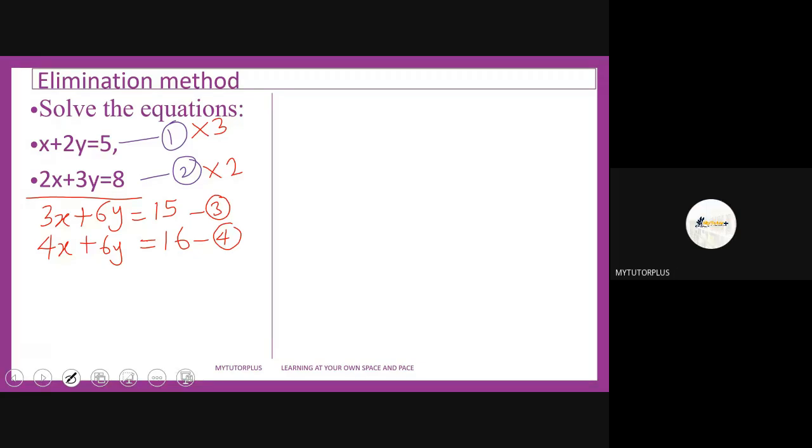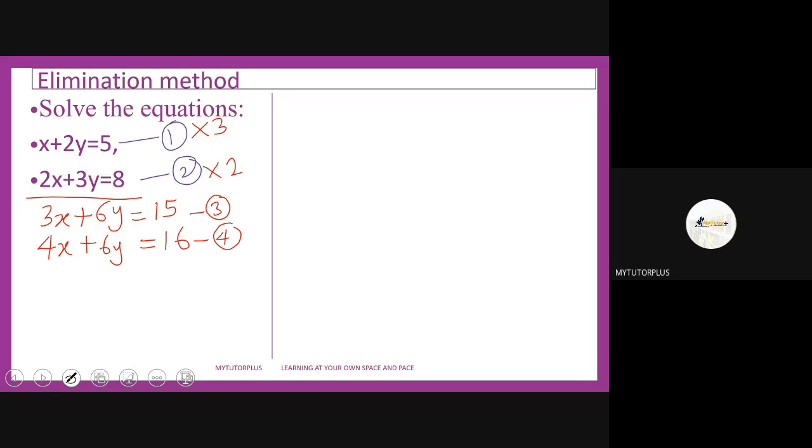Once a letter has been cancelled out, we have eliminated it, and that is why we call it the elimination method. So we want to eliminate y this time around. If it's the substitution method, from step 1 you first make something the subject of the formula, then you substitute. That's why they call it substitution. But for the elimination method, we first find the means of eliminating one letter before we keep on solving.